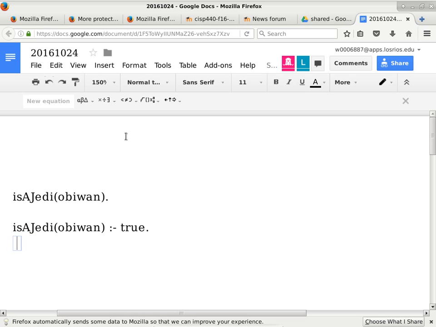And the best part about Google equation is it actually understands LaTeX shorthands. So this is really saying one right arrow is a Jedi Obi-Wan. So when you have true implies something, that something is automatically true, which is basically a long way of saying it's a Jedi. Obi-Wan is a Jedi. This is an assertion that Obi-Wan is in fact a Jedi.